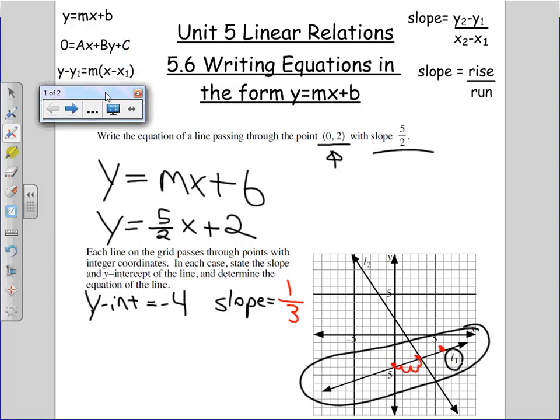For your second line, what is the y-intercept, Dawson? The second line. So this line. The y-intercept is at 2. Beautiful.